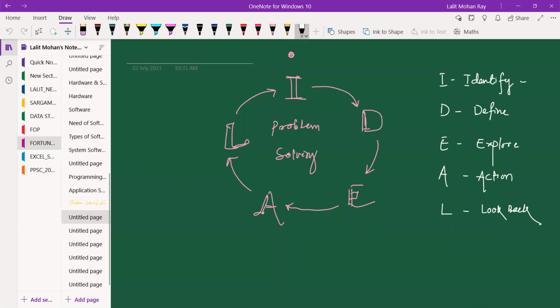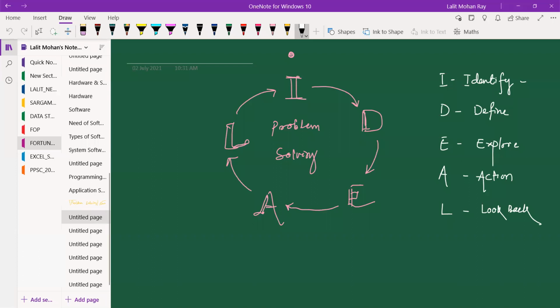Second, when we are solving a problem by using so many steps, it will take some time, and in this period we learn so many things.